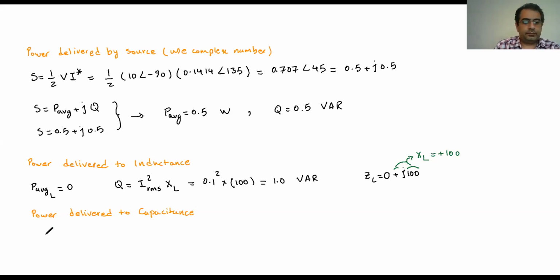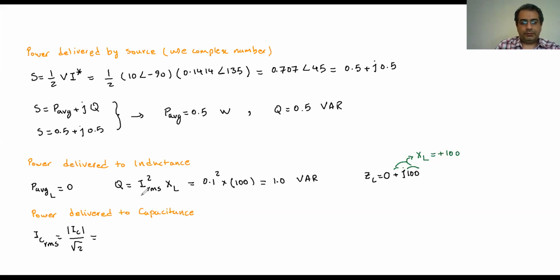And so the IC RMS is going to be the magnitude of the IC divided by the square root of 2. We didn't calculate it here because the IRMS here was the same as the IRMS in the source.